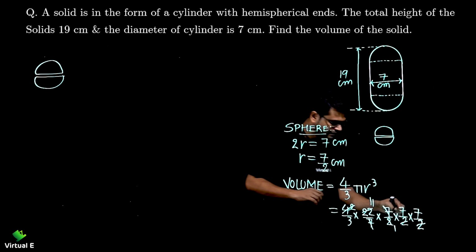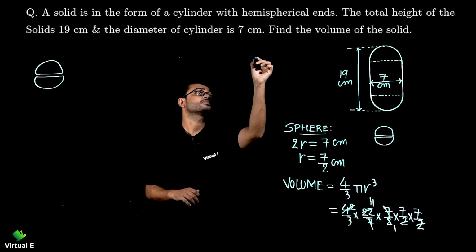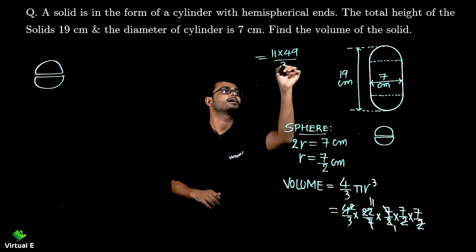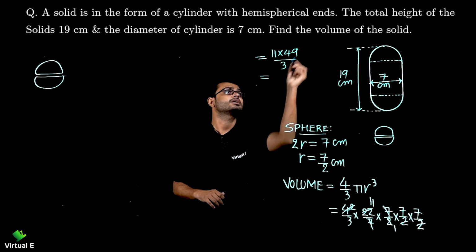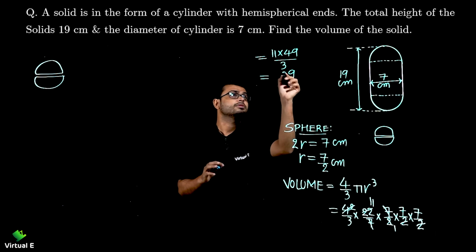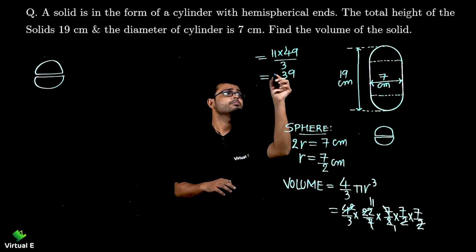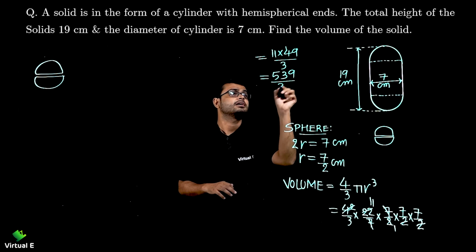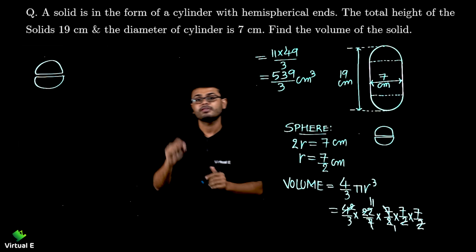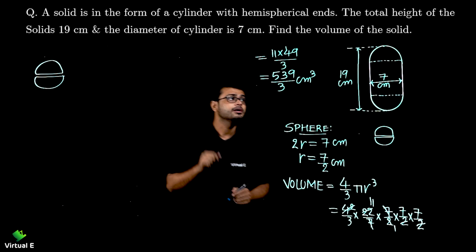What's left? 7 into 7 into 11, denominator 3. So it will be 11 multiplied by 49, and 3 here. 9 ones are 9. 4 and 9 will give you 13. So 3 here and 1 carry over. 4 plus 1, 5, 3, 9, and 3 centimeter cube. Remember, here we are talking about the volume, not the surface area. So don't write centimeter square by mistake.